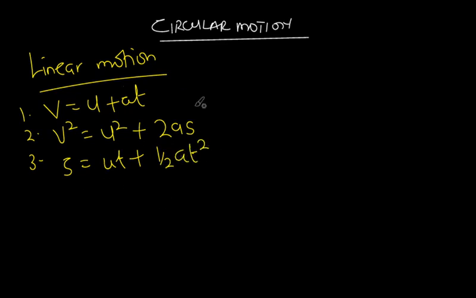Okay, so these are the equations that we use in linear motion, but the same equations are used in circular motion. The only difference here is that in place of final velocity and initial velocity, we use angular velocity w1 as the final velocity, and angular velocity w naught as the initial velocity.